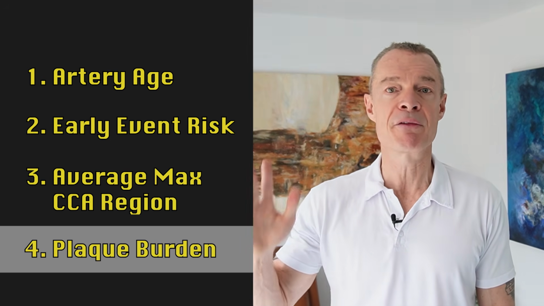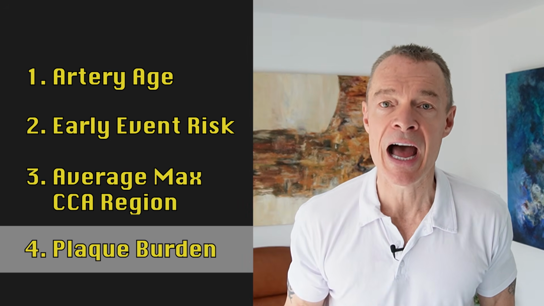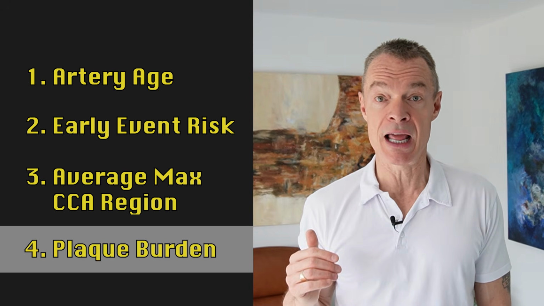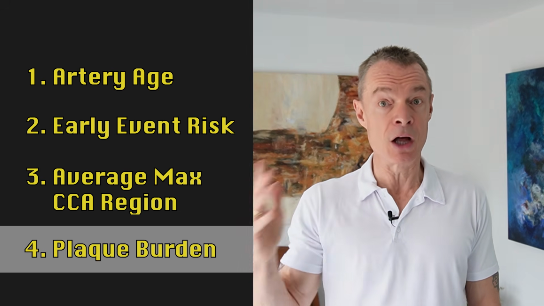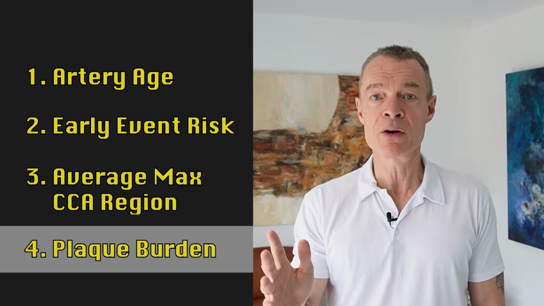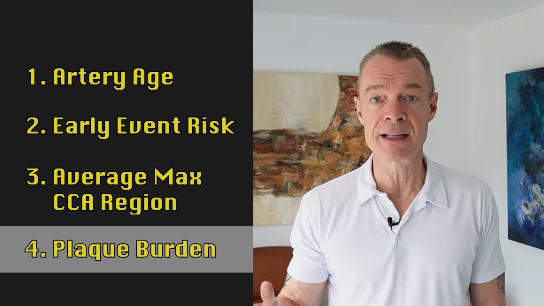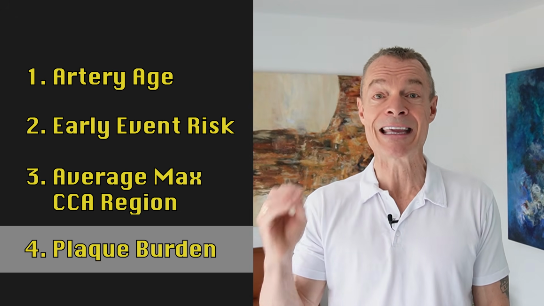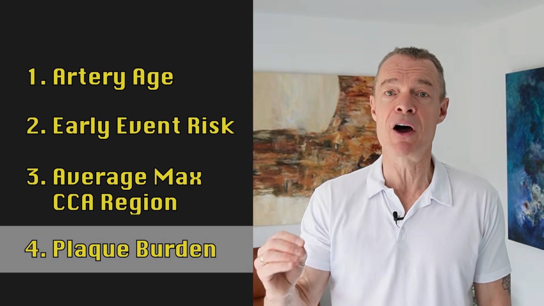Rules the day by far. I don't care what your IMT is, your intima media thickness, your artery age, the color-coded headline attention-grabbing thing. If you've got a lot of plaque lesions, okay, you're at great risk. Doesn't matter what your color-coded early event risk number is if you've got plaque lesions and they're soft or mixed. Plaque lesions are what rupture and can kill or maim you. It is by far the most important thing.